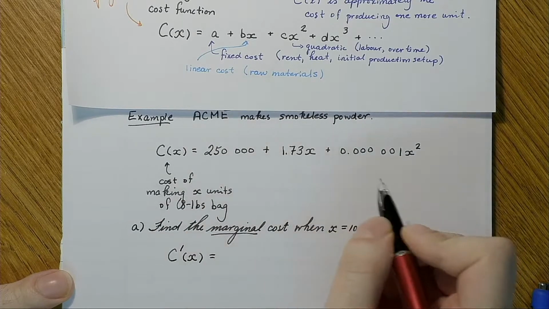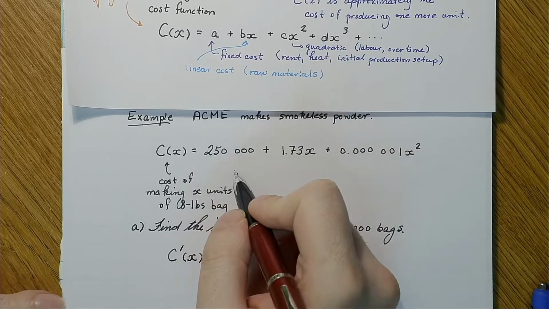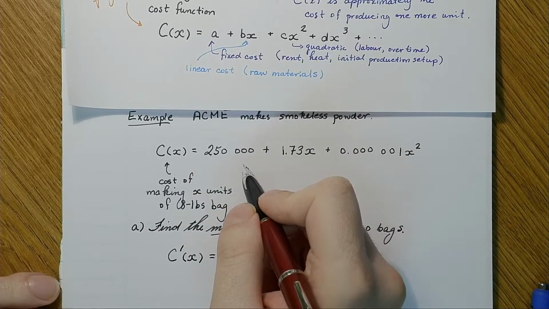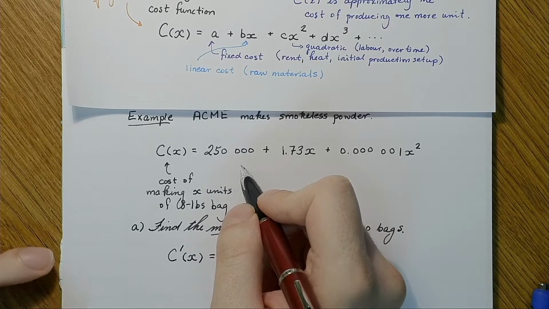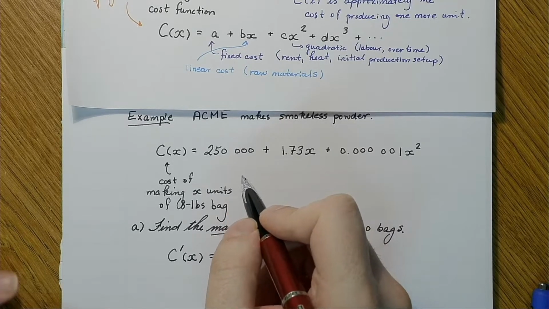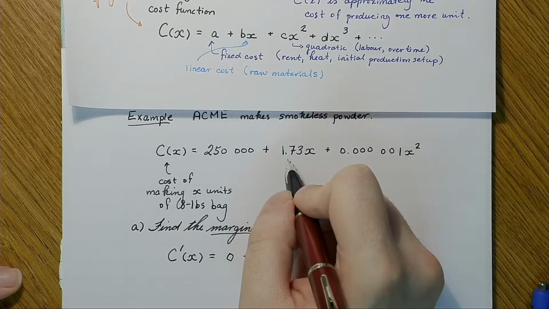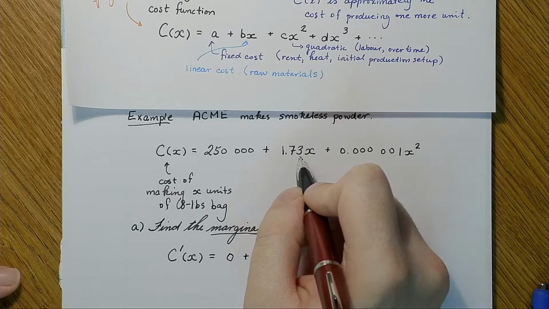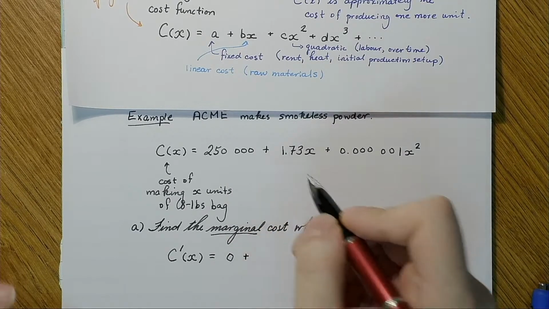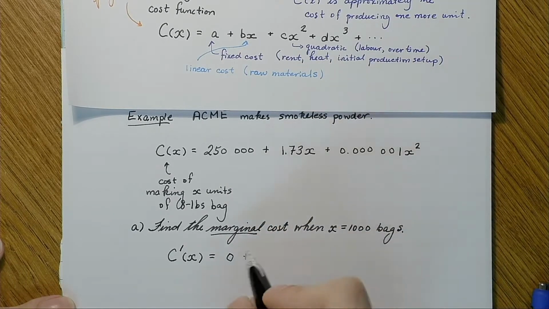So we're going to take the derivative of this function. $250,000, well, we don't have to worry about that because that is a constant, and the rate of change of a constant is 0. The 0 plus, I have $1.73 times x. So again, the derivative of that is just 1.73.